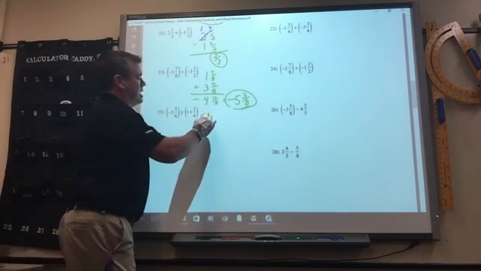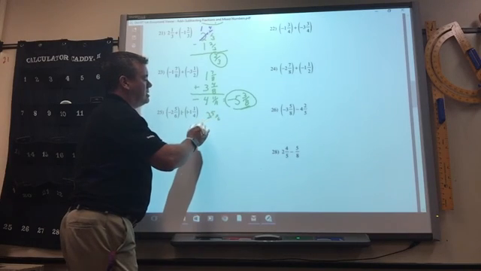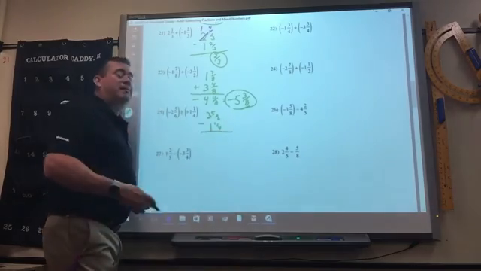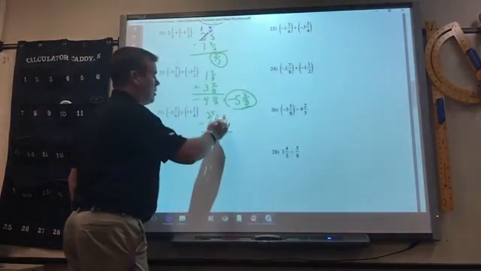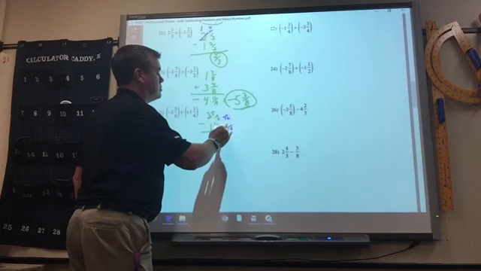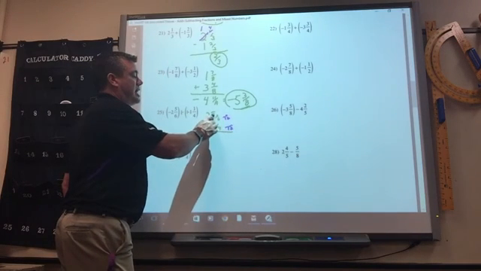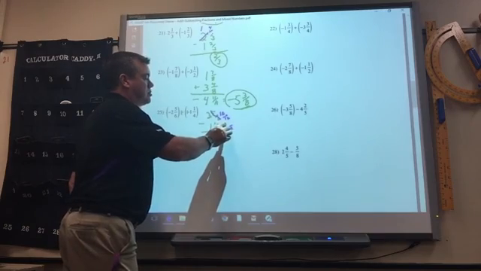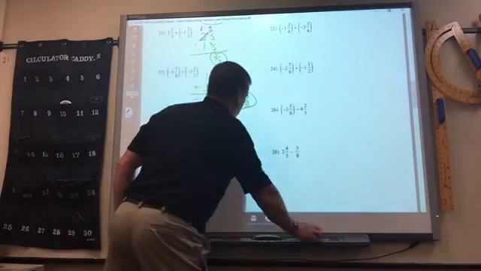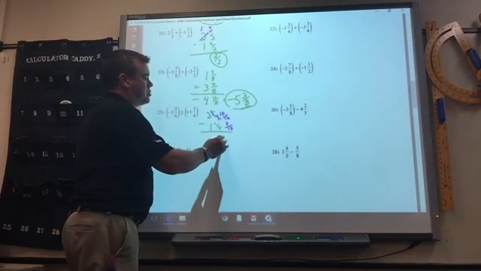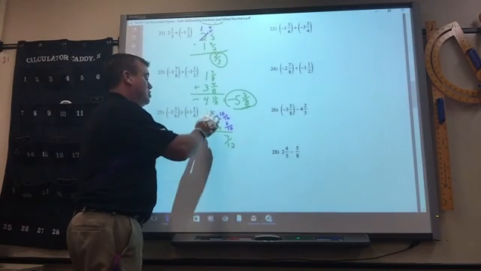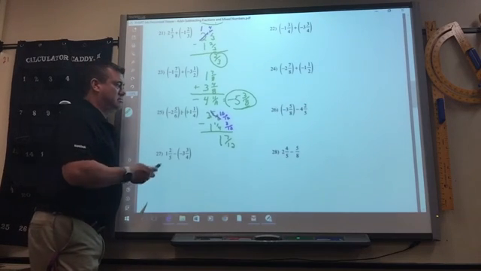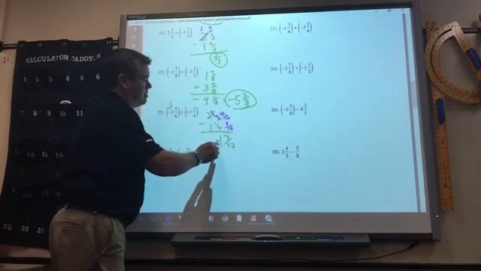This one's bigger, so you take 2 and 5/6 minus 1 and 1/4. 12 is a common denominator. 6 goes in there twice, so take that times 2. 4 goes in there 3, so take that times 3. So we would have 10/12 minus 3/12 is 7/12. 2 minus 1 is 1. Positive or negative? Negative, because the bigger number is negative.